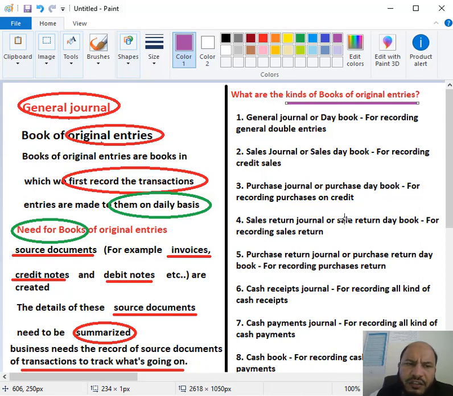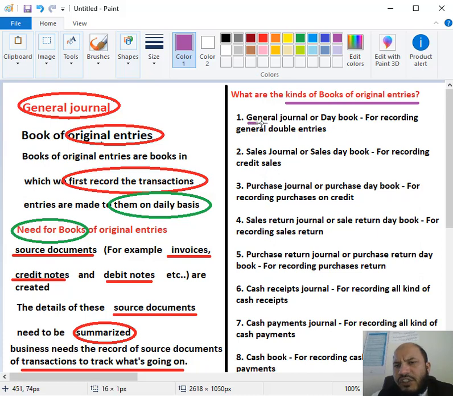There are different types of original entries which we use to record the financial activities of enterprises and businesses. In these books we record the transactions according to their nature and characteristics. We have roughly 1 to 8 books of original entries. Let's explain each of them in detail.